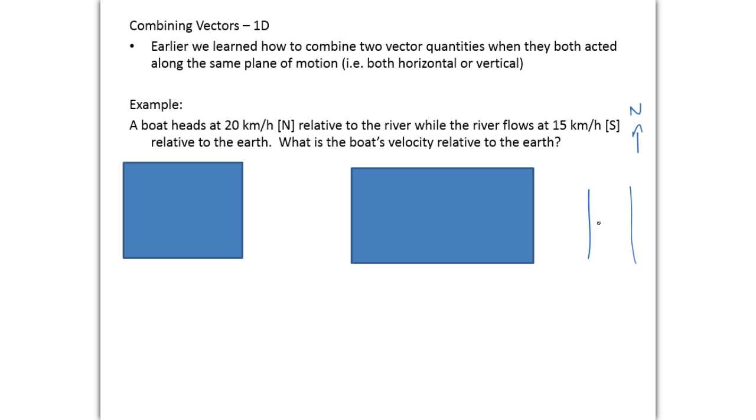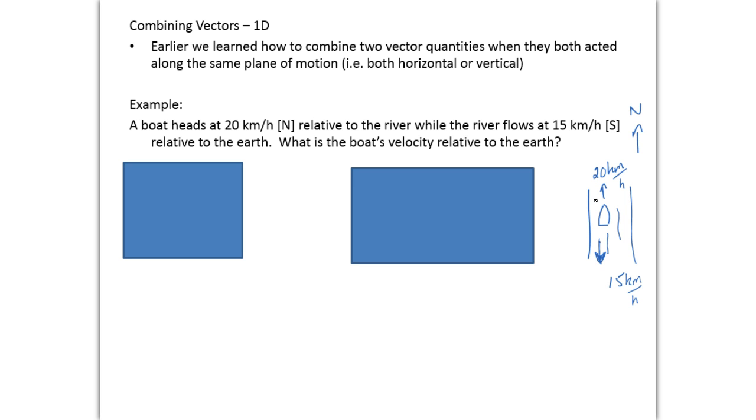And we have a boat that's moving. Let's draw on our boat. The boat is moving north, and we're told it's moving 20 kilometers per hour. Meanwhile, the river is flowing south, so it's going upstream. The river is flowing 15 kilometers per hour south. So then what's the velocity of the boat relative to the river?